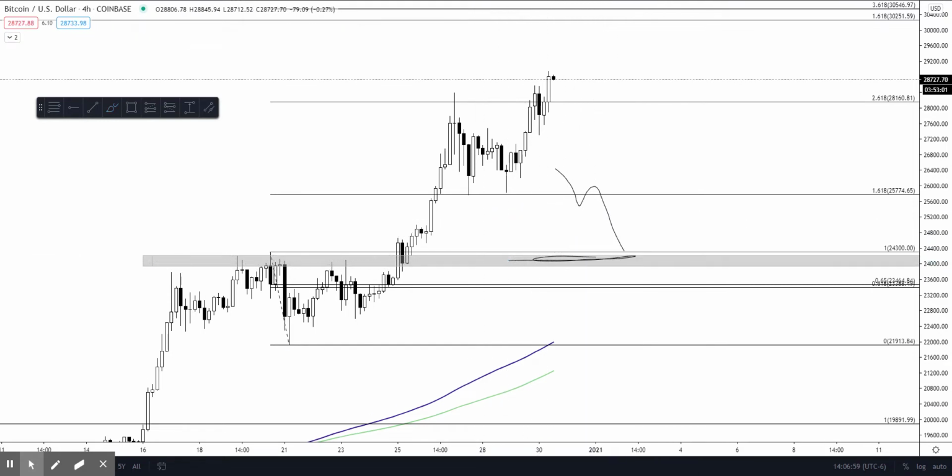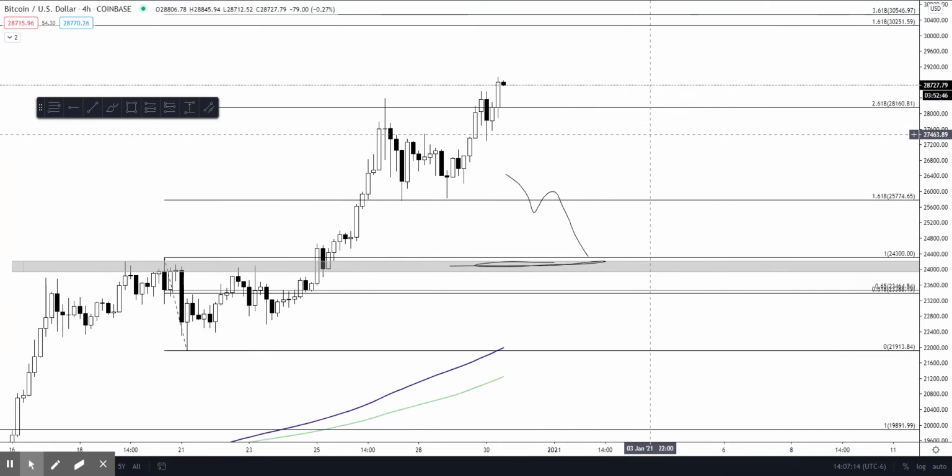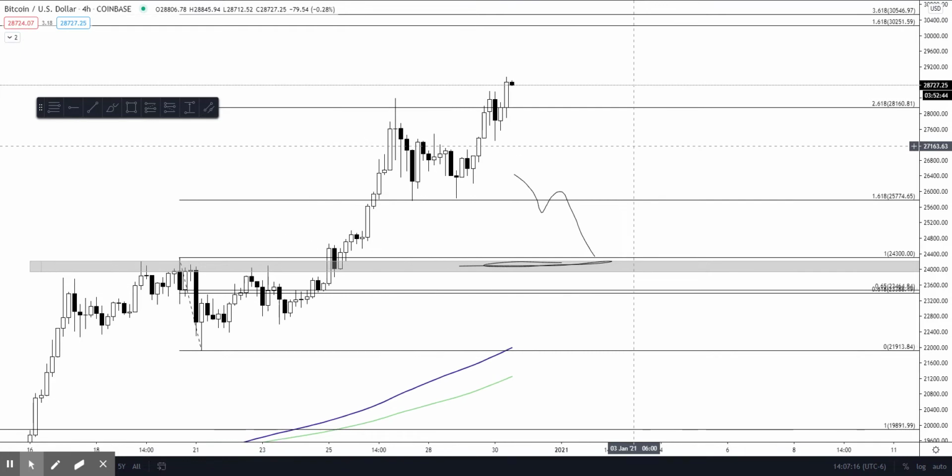It's still untested. So we're speculating that it could potentially turn into support, but it is still untested. We don't know for sure, so we're going to keep our eye on it. It's a region of interest for now if price does come back down to that level.